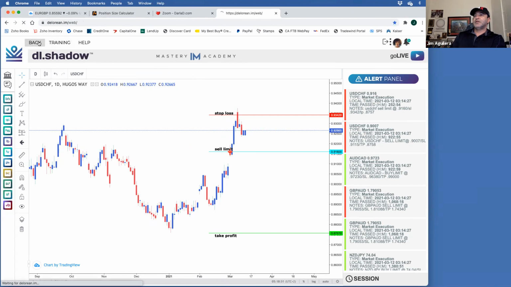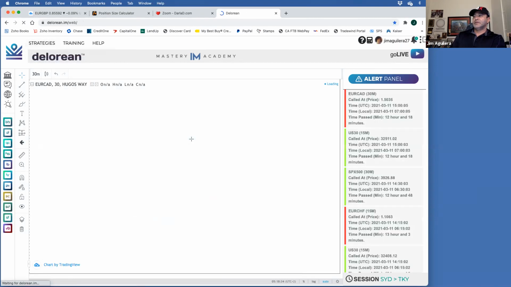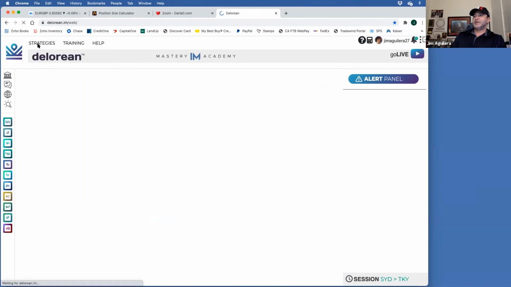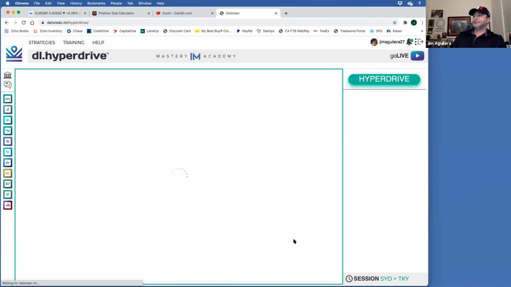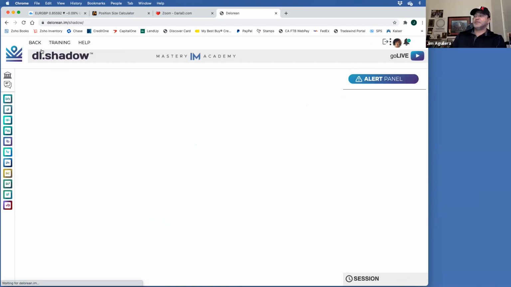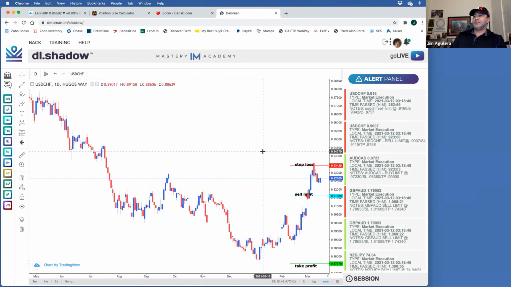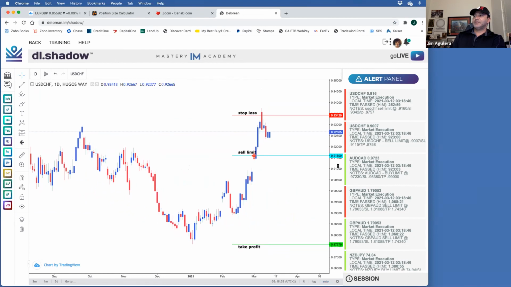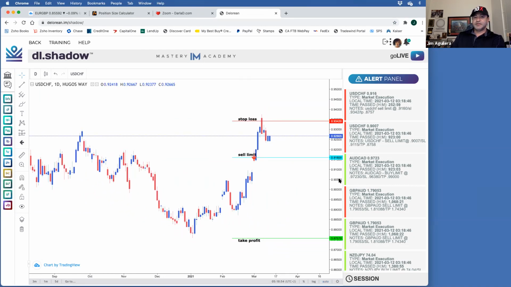So if you go to the regular Delorean, you'll see all those lines, and you'll also see them on the hyperdrive. Yeah. And the reason you don't see them on the shadow is because shadow is actually not based on the Delorean strategy. The shadows usually are based on some type of like Fibonacci levels or retracement levels, which is just a completely different thing than Delorean.